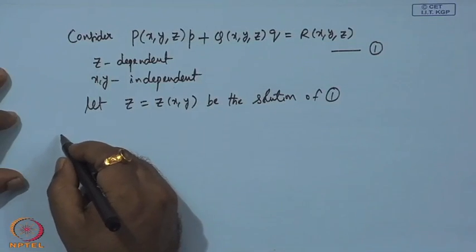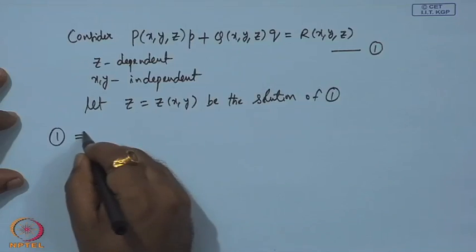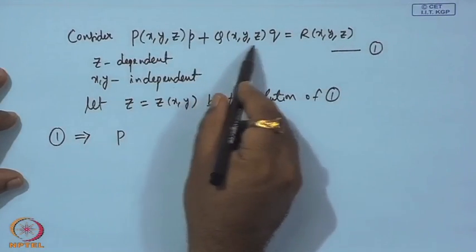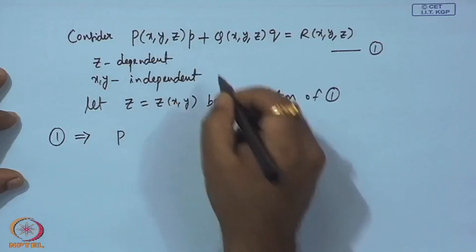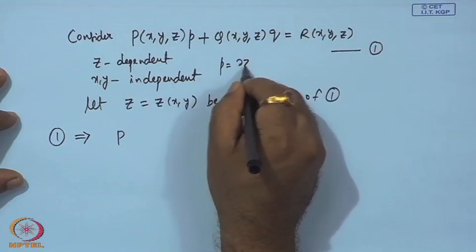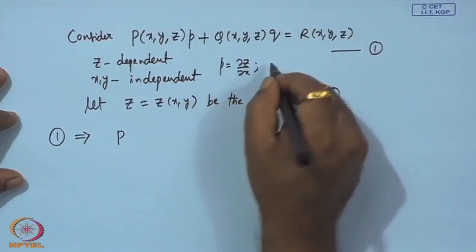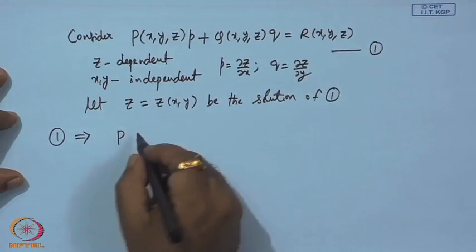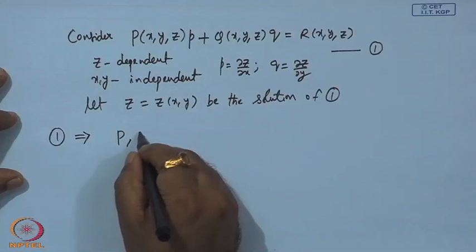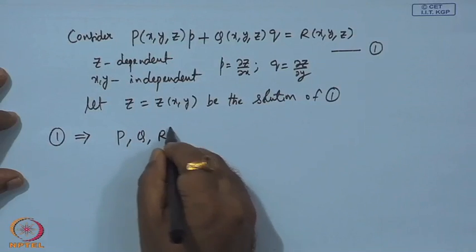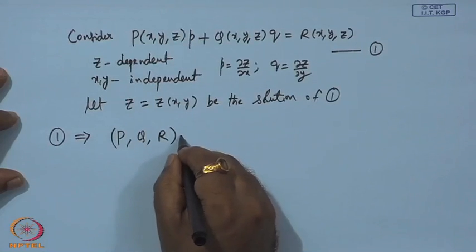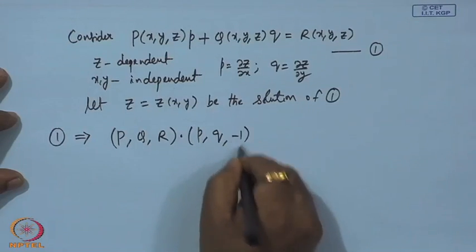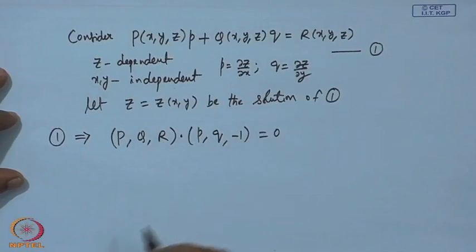Now, 1 can be represented as follows. These are all functions, p, q, r, and it can be written as (p, q, r) dot (small p, small q, minus 1) equals 0.